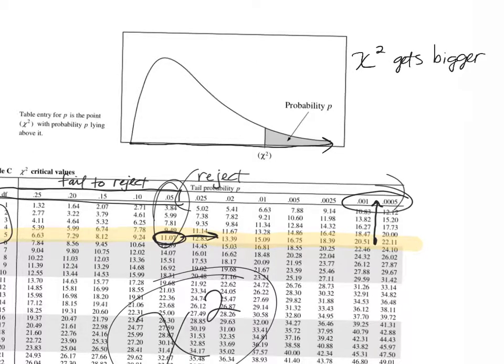Smaller. Good. The p-value gets smaller. So that is one thing you need to know, guys. The p-value is the probability of getting the sample you got or something more extreme if your data is really as expected.